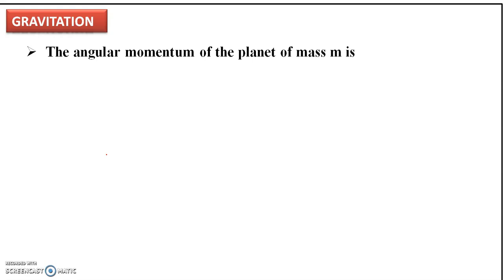The angular momentum of a planet of mass m is L equal to I omega. What is I there? I is the moment of inertia. For a planet, I is m r square, where m is the mass of the planet and r is its radius from the sun, the radius vector, the line joining the planet and sun.